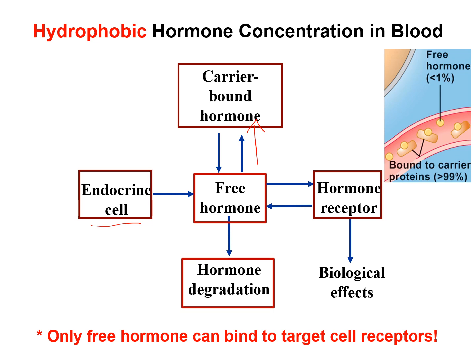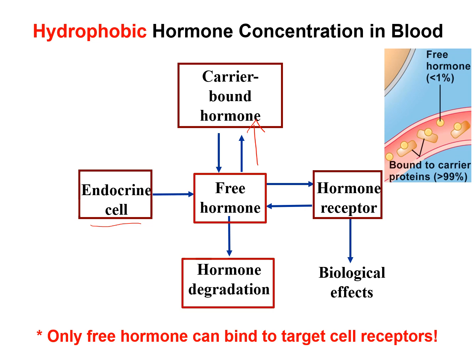And while it's bound to the carrier protein, it can't get to its target cell and be degraded there. It also is protected from enzymes in the blood and also the liver, and so it's safe and it can't be broken down.